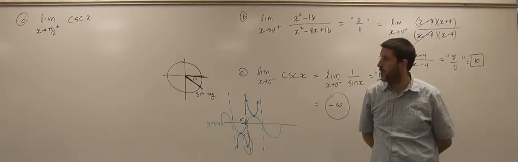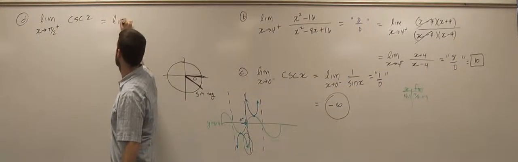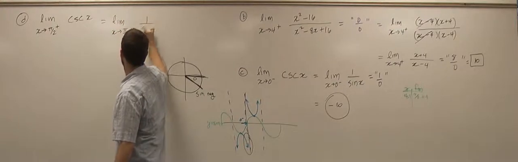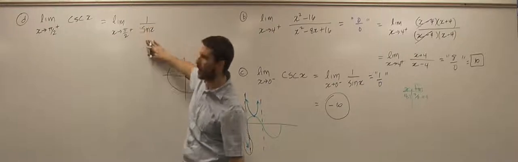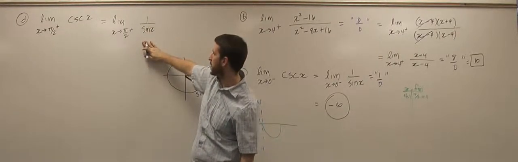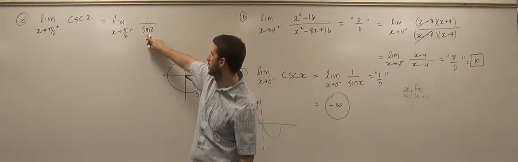Yeah, there's no issues here. Right? You can think of this as 1 over sine x again. But when you plug in x equals pi over 2, you don't get an infinite form. Right? You don't get a non-zero constant over a 0. You don't even get 0 in the bottom at all. Right?